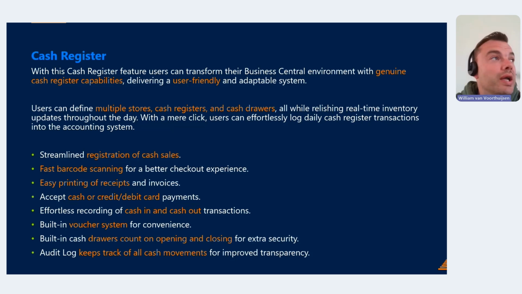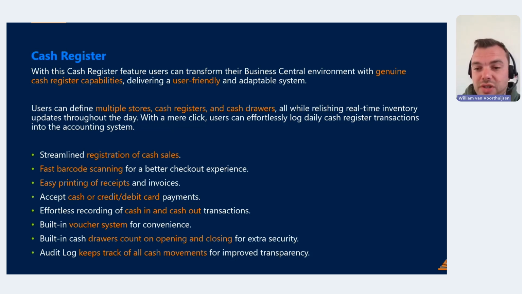And also, by the way, you can opt to work with vouchers on return orders. So if you have a return order and your policy is to give the amount back in gift vouchers, that's also possible with that voucher system. For those cash drawers, you can optionally choose for a mandatory counting on opening and closing of the drawer.